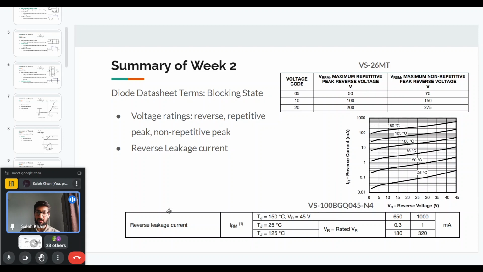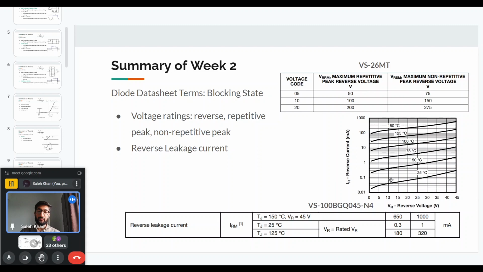For example, here we can see that as the reverse voltage increases, the reverse current also increases. And as the temperature of the device increases, the reverse current also increases. This is a logarithmic scale in the current, so as the temperature increases, the current increases by a very large amount, but still this current is quite much smaller compared to the forward current.